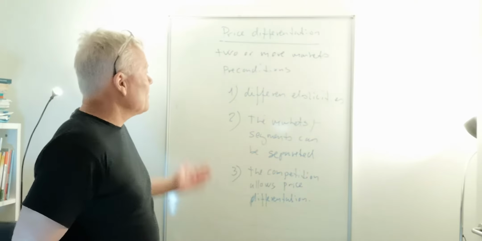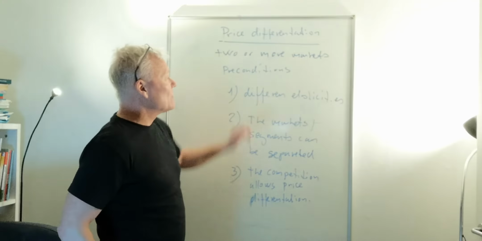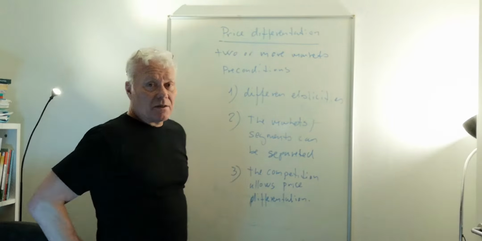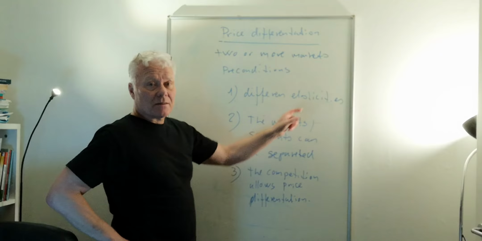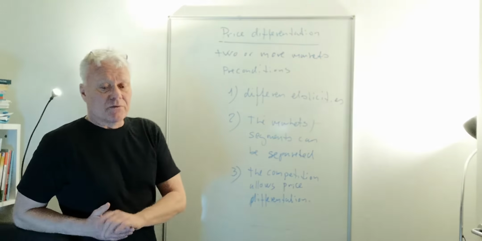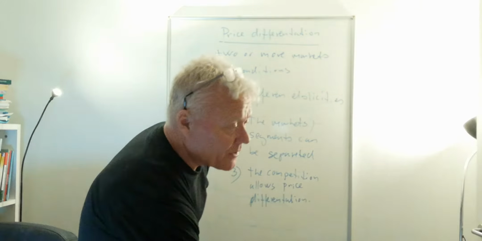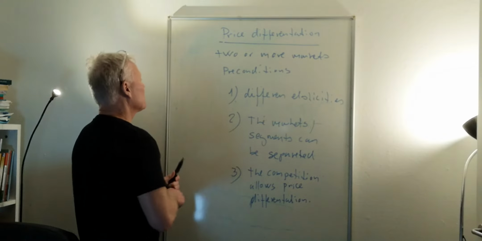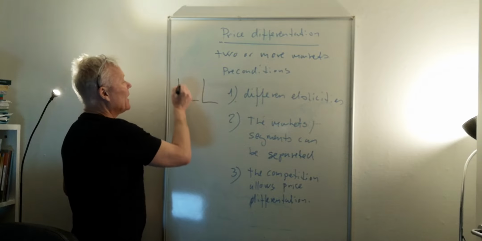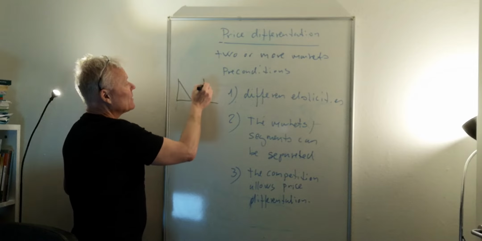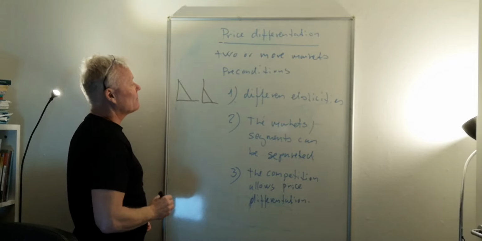I hope you can see my writing, because the precondition for being able to take different prices is that you have different elasticities in different markets, meaning that you have two markets, for instance. Normally you have the home market and export market, and you have prices that are different.